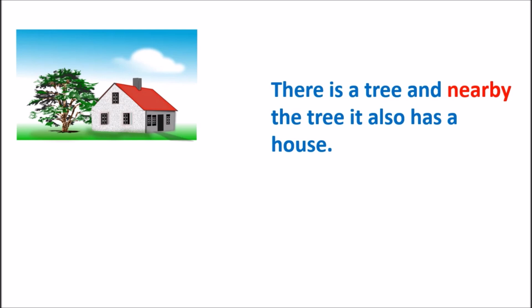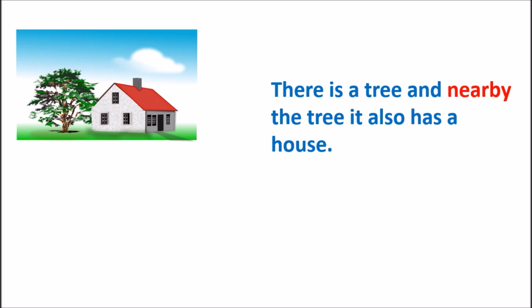And now we will have a picture like this. In the picture, we have a tree and a house. In this picture, you see that the tree is nearby the house. So if we want to make a sentence like there is a tree and nearby the tree, it also has a house, how do we create the sentence in Japanese?